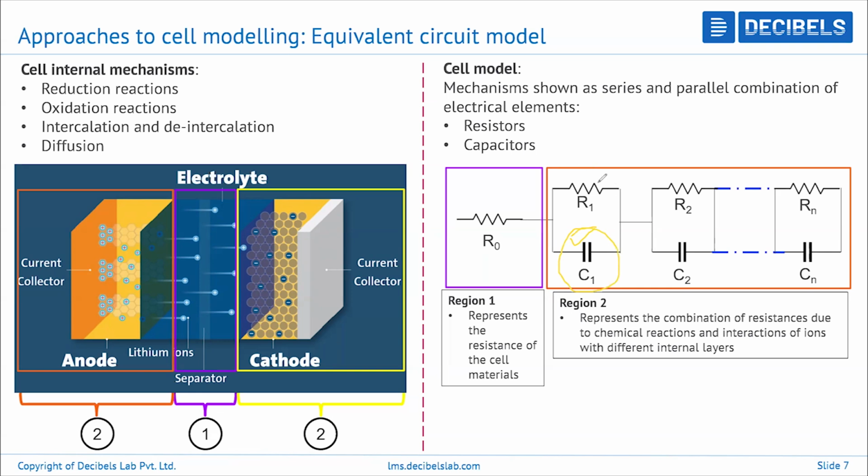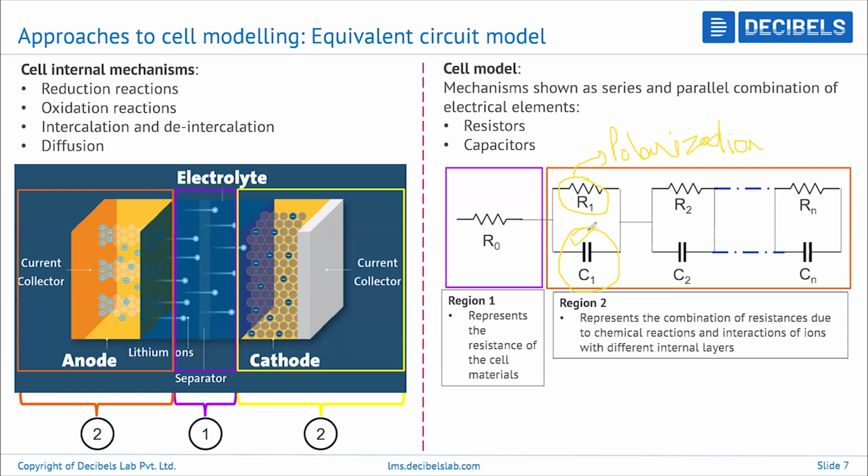And the resistance R1 has to do with the diffusion. When the ions move, intercalate, and also diffuse into the physical material, they undergo some interaction with other ions, and they also participate in some of the reactions, and because of that we have something called polarization that happens. This polarization can actually be split into multiple branches of resistances and capacitances.